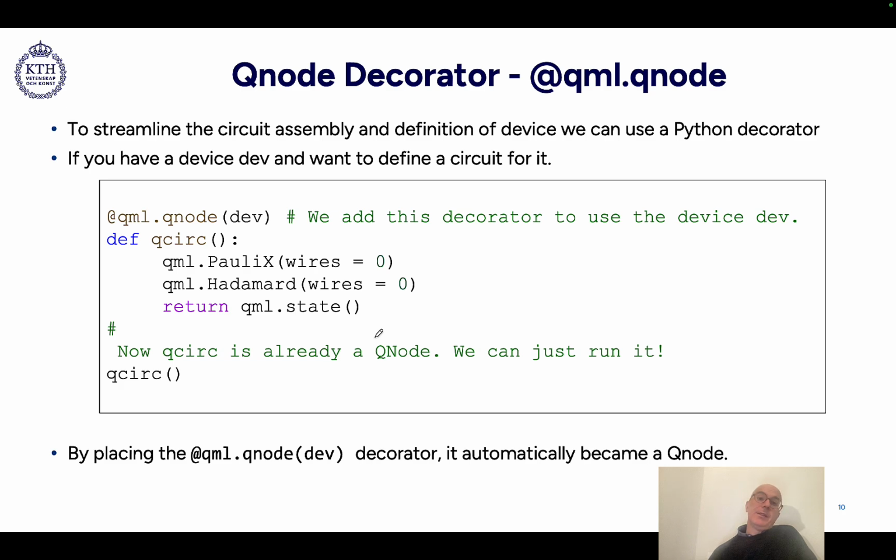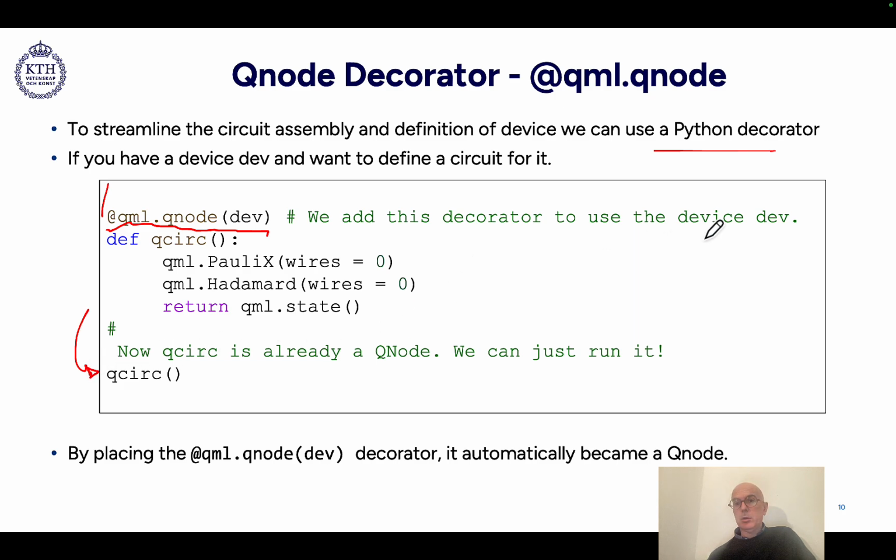To streamline the circuit assembly and definition of the device, we can just use a Python decorator just before the definition of the quantum circuit. So we can add a decorator @qml.qnode(dev), and this will do the assembly part for us, and then we can just run it.